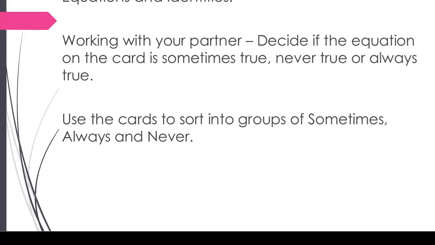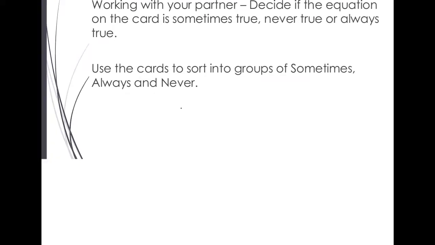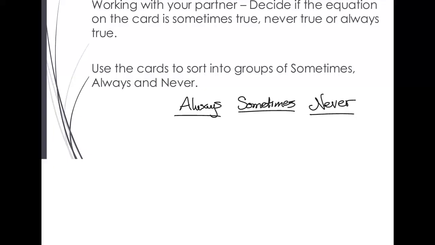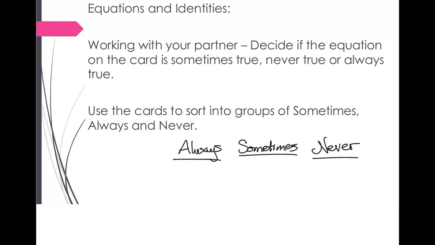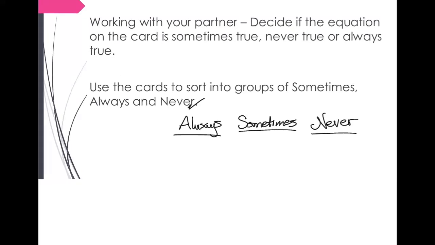I think let's go with, let's put always true as the first category, sometimes true, or never true. Okay? Working with your partner, decide if the equation is sometimes, never, or always. But let's do always. Starts with an A, so do that one as your first column. Sometimes, that's going to be in the middle, and never true.